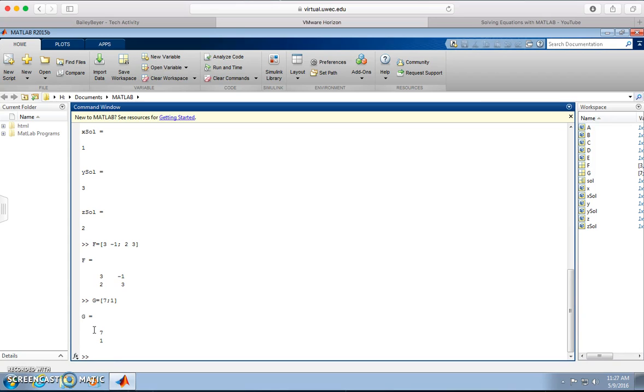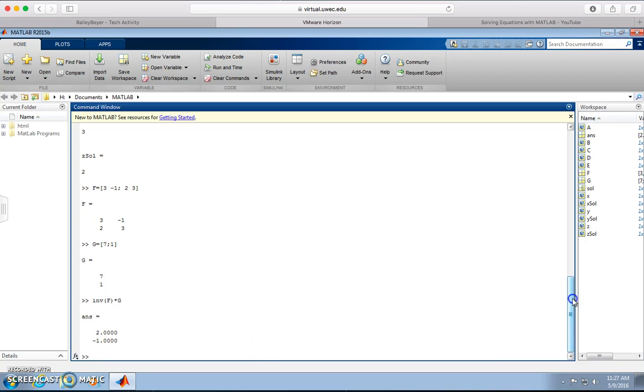So in this example, our x and y would be F inverse times G. So we'll go ahead and say inv of F times G. And that says our answer is 2, negative 1.